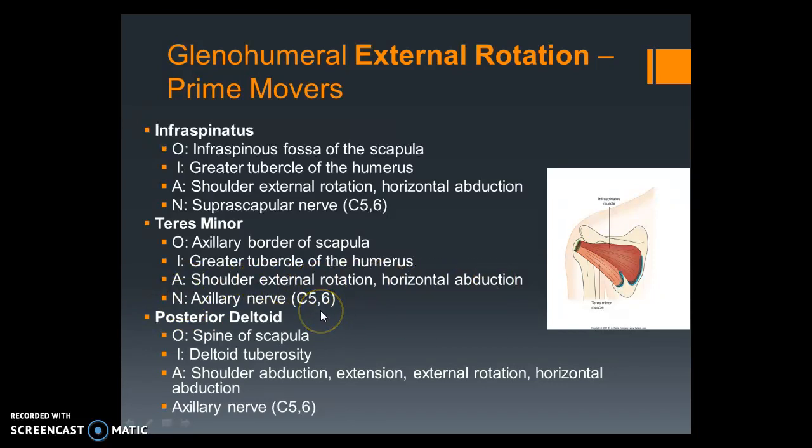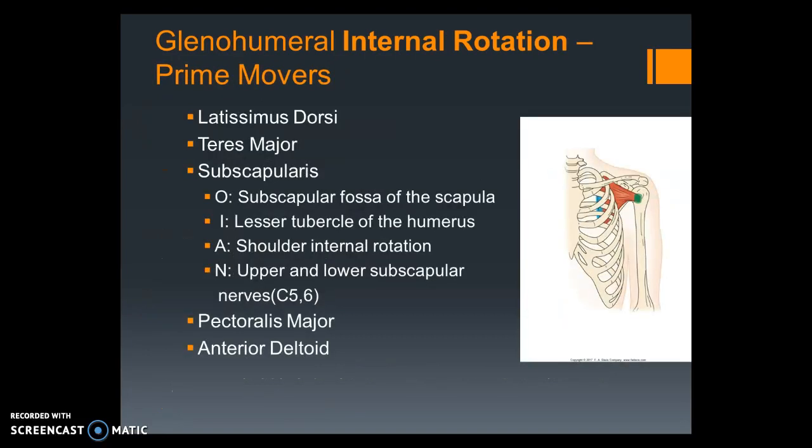It is, however, innervated by the axillary nerve. And the posterior deltoid originates on the spine of the scapula, inserts on the deltoid tuberosity. It performs shoulder abduction, extension, external rotation, and horizontal abduction, and is innervated by the axillary nerve.